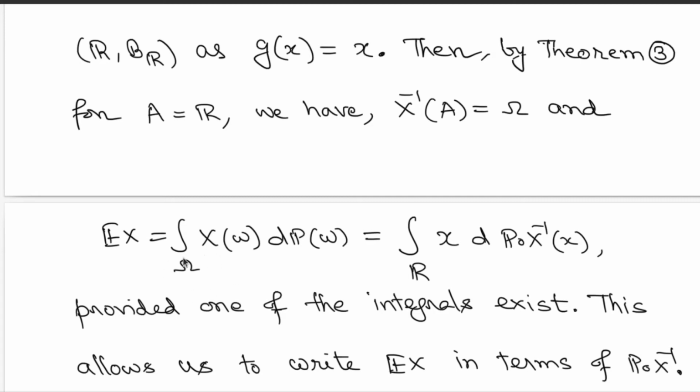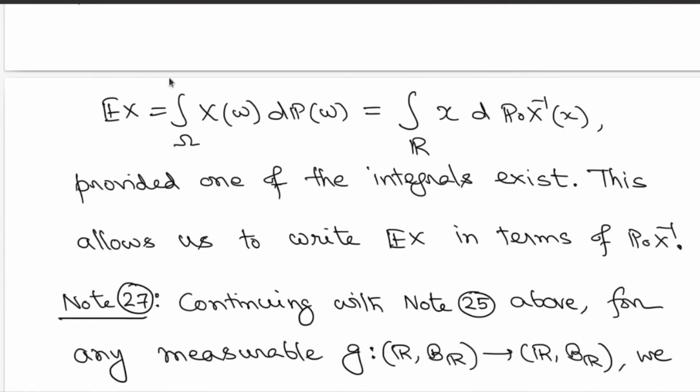So you are changing that integration from over Ω to over the real line, and you have this integration now that comes from the choice of the function g as the identity function, which takes a real number x to itself. Therefore you have now rewritten the expected value of X as an integration over the real line with respect to the law P∘X⁻¹, where P∘X⁻¹ is a genuine probability measure on the real line.